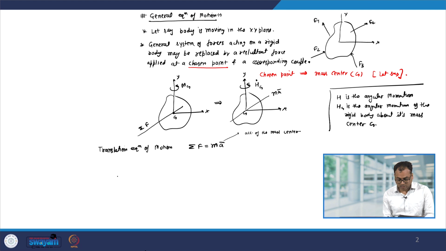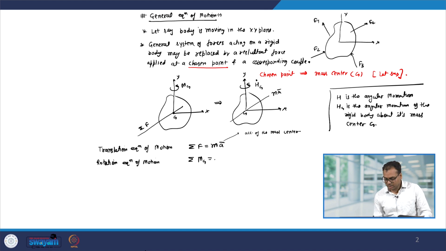And we have the rotation equation of motion, that is summation M G is equal to H G dot, and as I said, H G dot is the rate of change of angular momentum about its mass center.